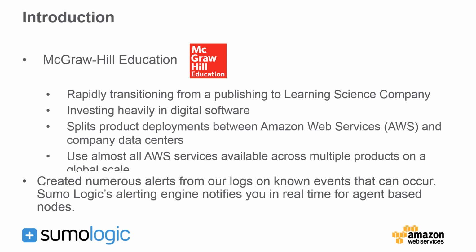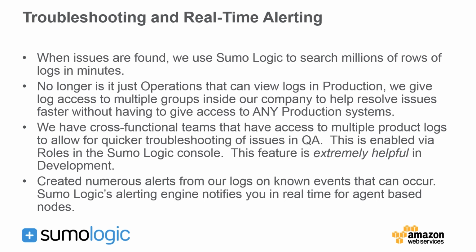When we were divested from McGraw-Hill companies, we made the decision to transform from a traditional publishing company, as most of you probably have bought or read one of our books, into a learning science company, and learning science being backed via digital software.